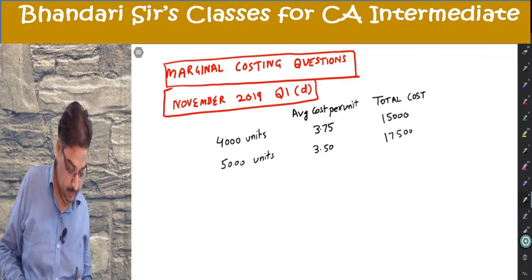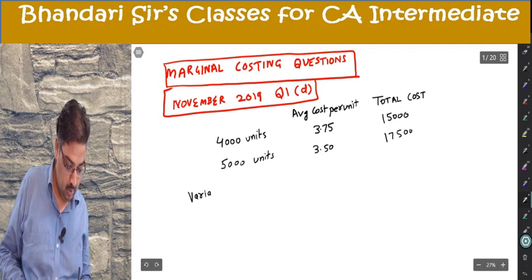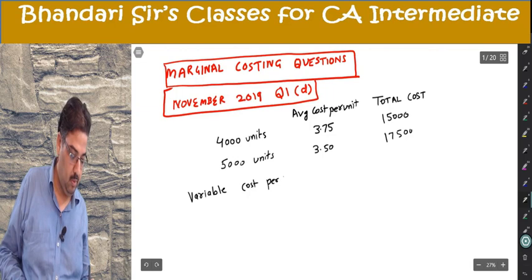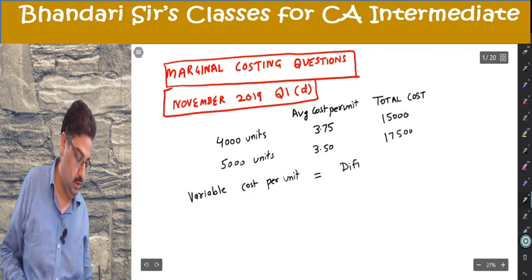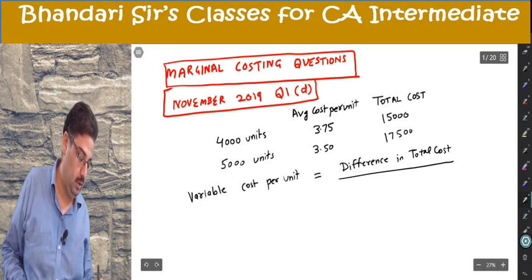Now simple, variable cost per unit equals difference in total cost divide by difference in units.